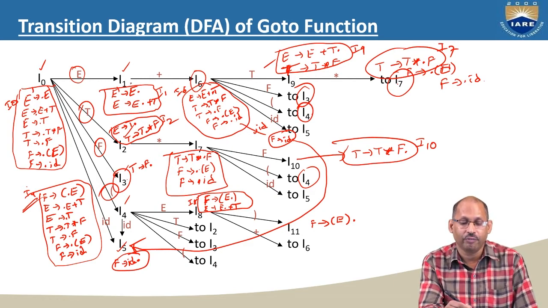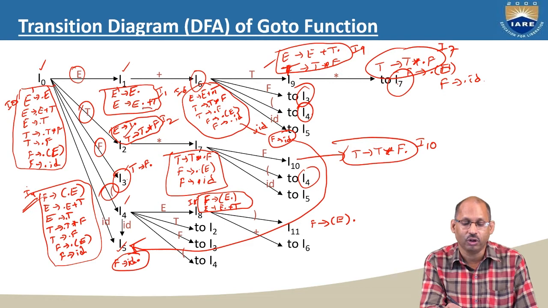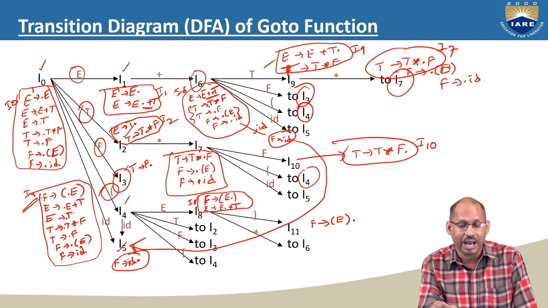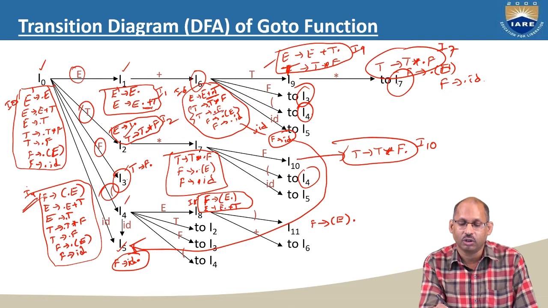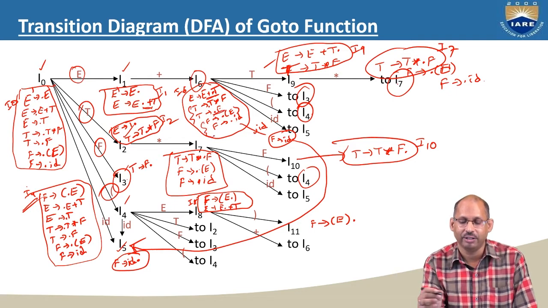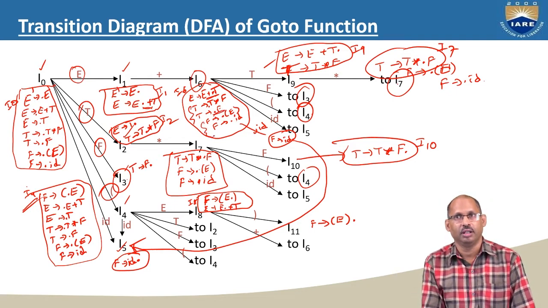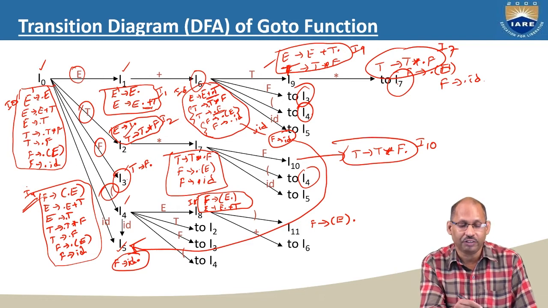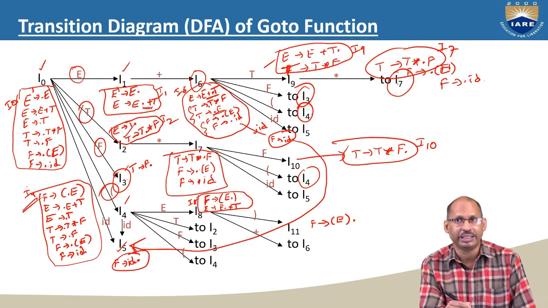Now I1 on plus: here the dot before plus has become plus dot. The dot is before T, so add T productions, and the dot before F, so add F productions. Listen here once again, I am repeating, writing all the steps from I0. We have written I0 and we are considering its Goto operations on the variables and terminals.